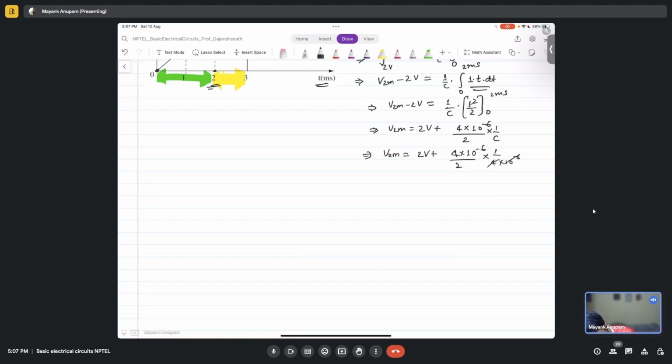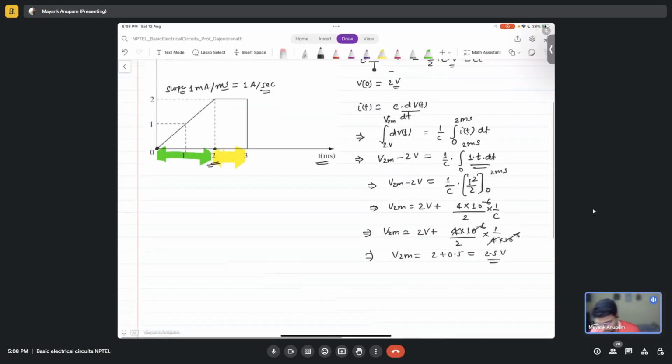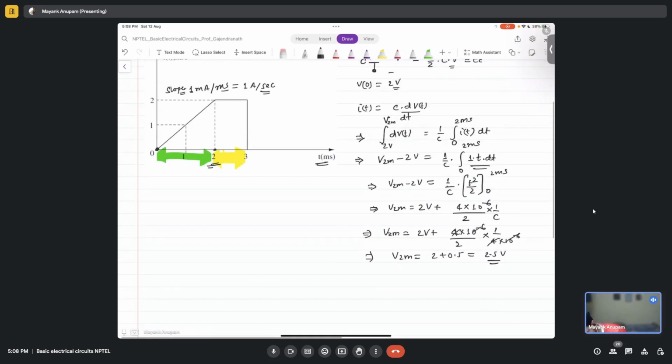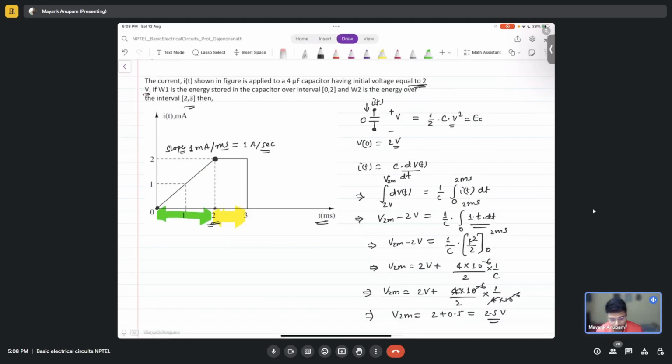So this and this cancel each other. Overall V2 milli will be 2 plus 0.5, which is 2.5 volts. So at t is equal to 2 milliseconds, the voltage across the capacitor will be 2.5 volts.